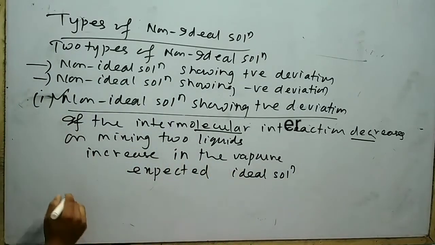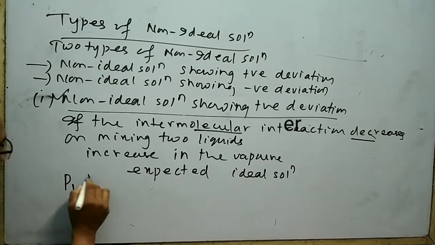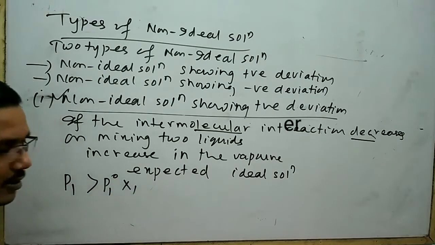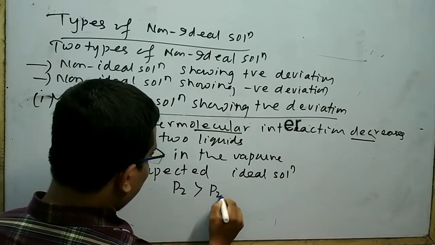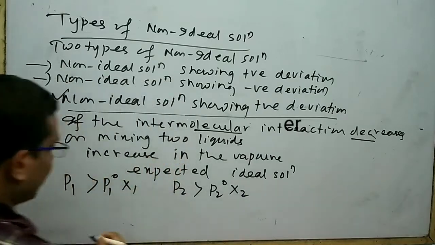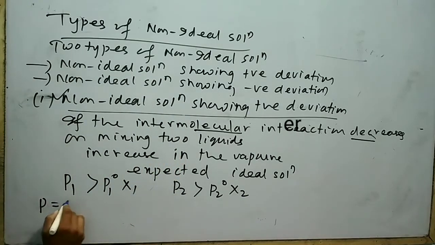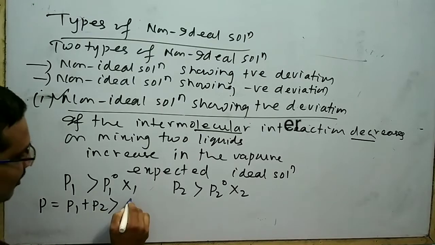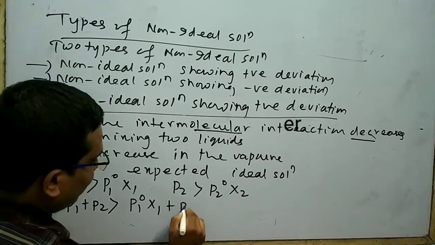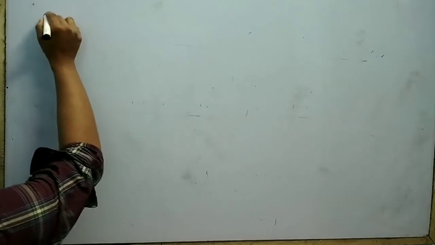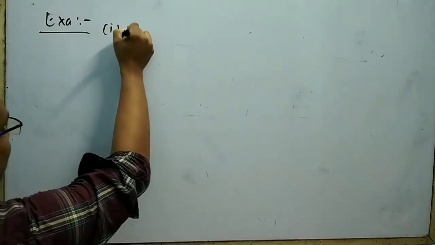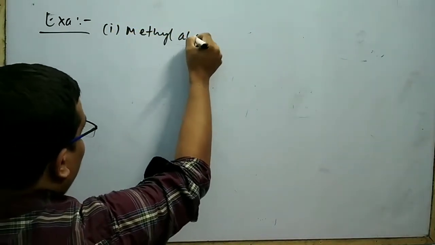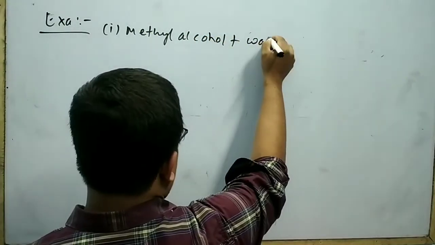As a result, I can write P1 greater than P1° x1. Like that, I can also write P2 greater than P2° x2. That's why I can write P equal to P1 plus P2 greater than P1° x1 plus P2° x2. There are many examples of non-ideal solutions showing positive deviation. Number one is your methyl alcohol plus water.